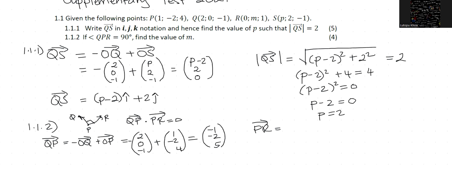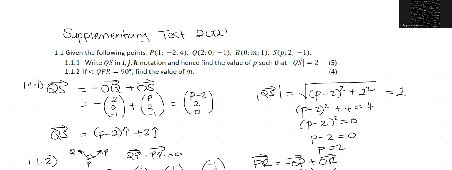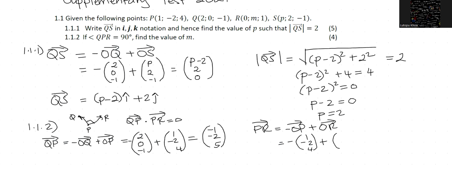And then we have to find PR. PR is minus OP plus OR. So this is minus OP, this is 1, minus 2, 4, and then OR, 0, M, and 1.